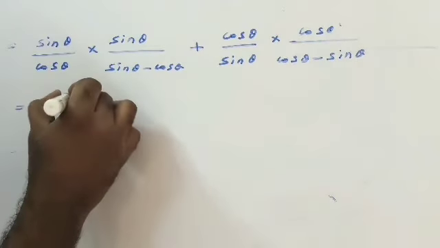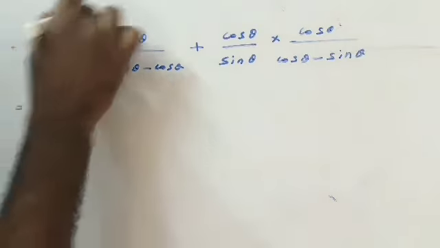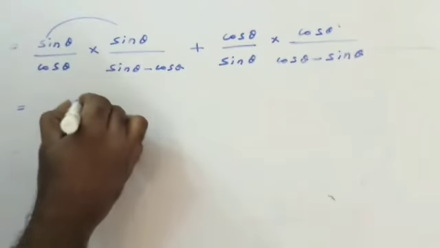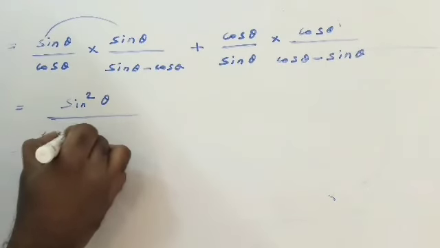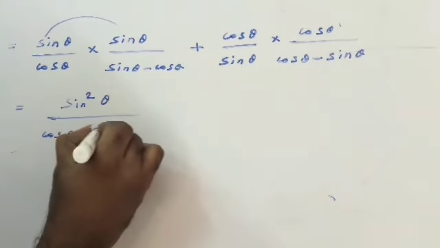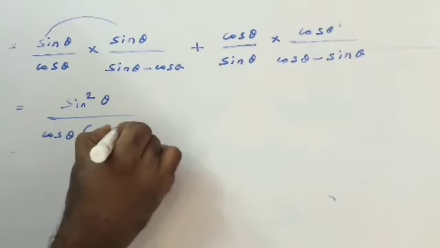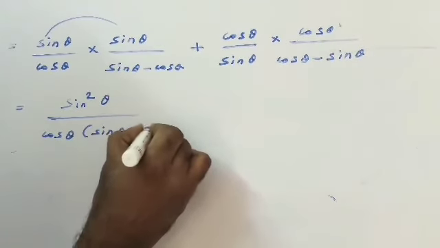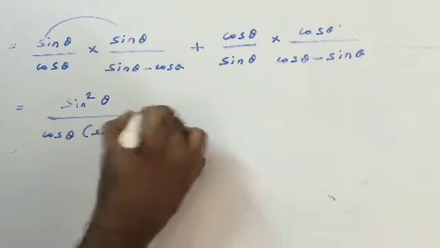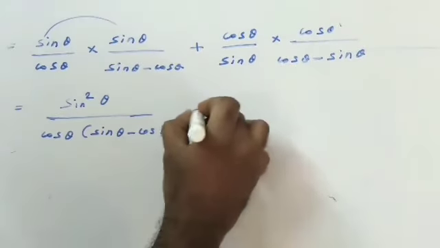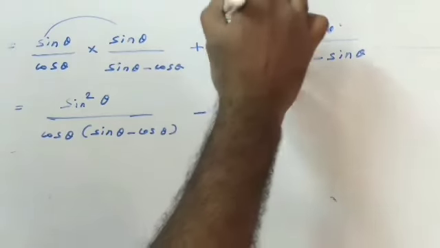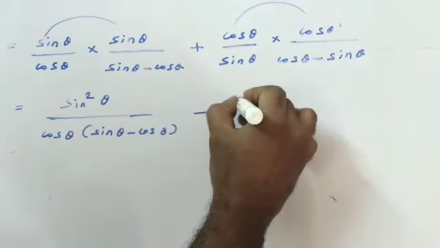Now write sin theta into sin theta, sin square theta, divided by cos theta into (sin theta minus cos theta). Now I am going to take the minus symbol as common, so put minus here. Cos theta into cos theta, cos square theta.